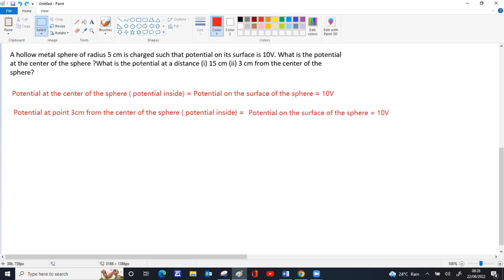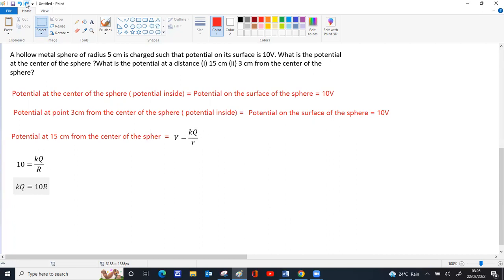Now inside the sphere and outside the sphere, there's a difference. Inside and surface are the same. Outside we have a different formula. For 15 centimeters outside, kq by r. So r is given as 15 centimeter. We don't know q, but they gave the surface potential. Surface potential is 10 volt. That is kq by capital R. So kq as a total you can get as 10 R. You can substitute kq as 10 R here.